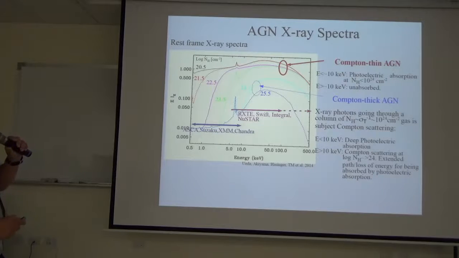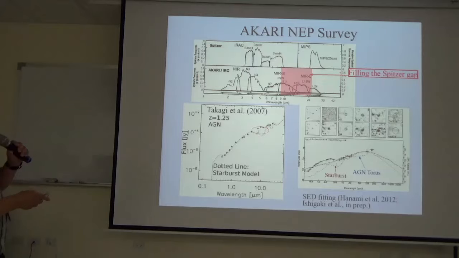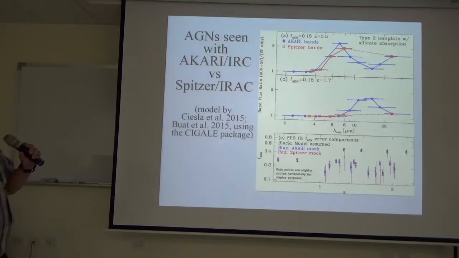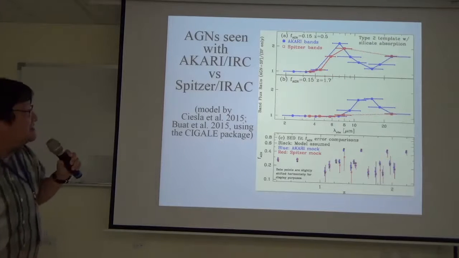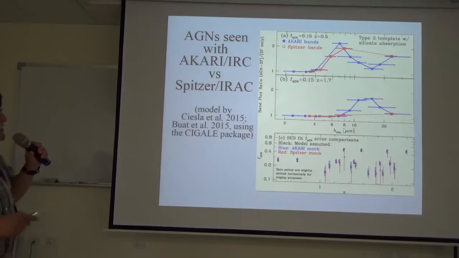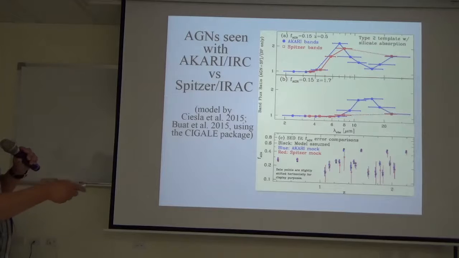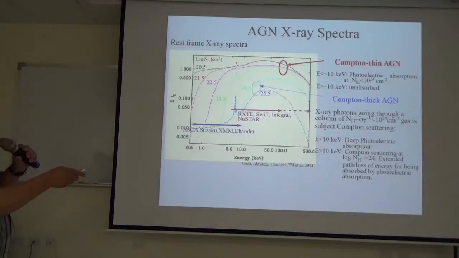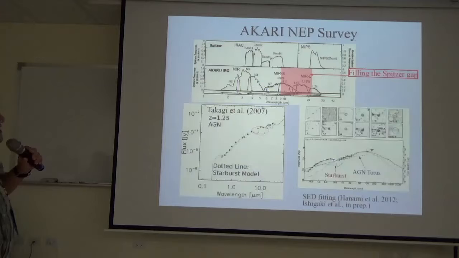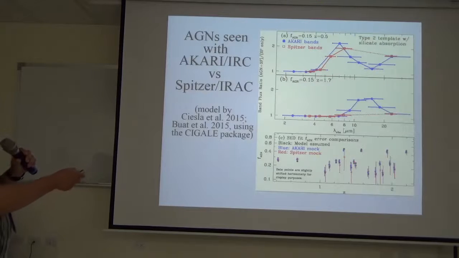Let me show you how these AGNs look in the photometric bands. Red is the Spitzer band, and this is by Akari bands.